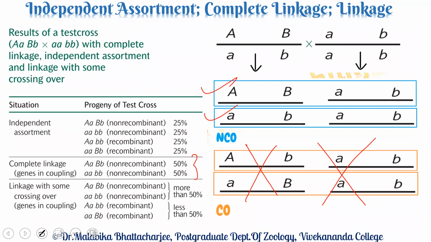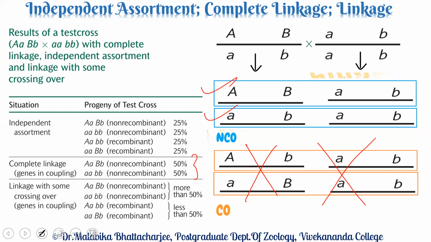Finally, the intermediate situation between independent assortment and complete linkage. The moment a situation arises where the genes are partially linked, they tend to remain together, but at times crossing over is observed between them.